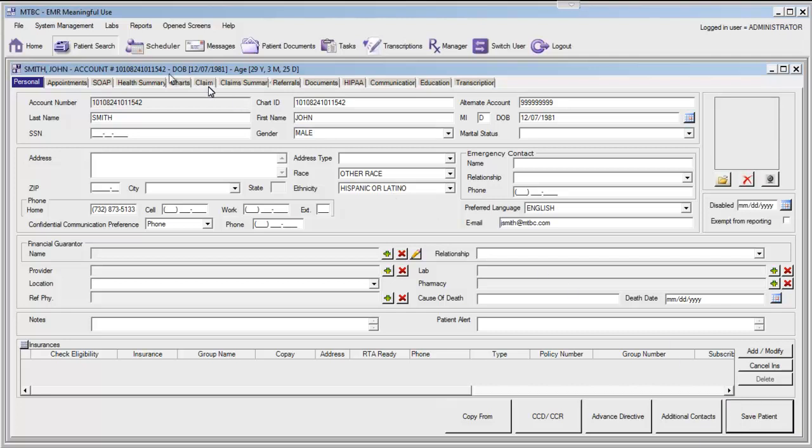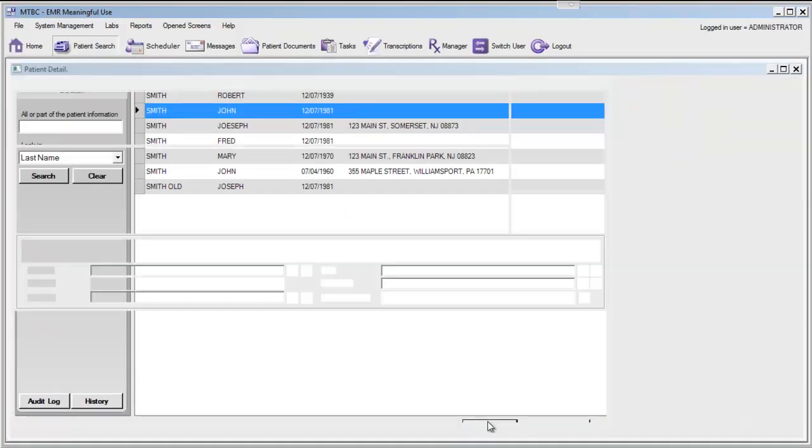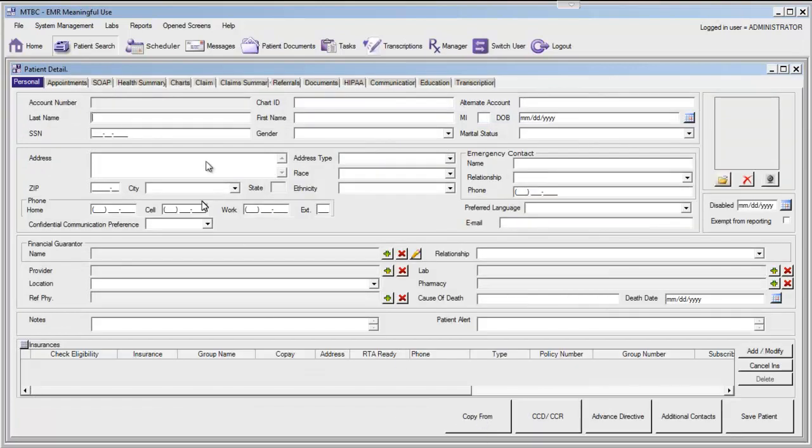For new patients, it's fairly straightforward as well. We go back to the patient search. We can click New Patient and enter our demographic information.